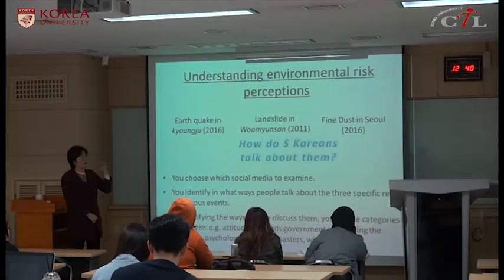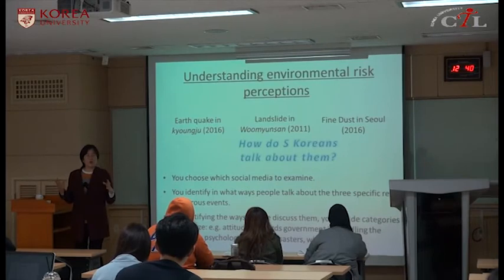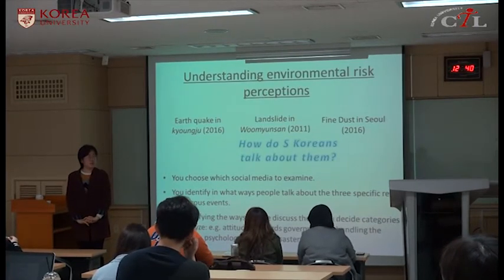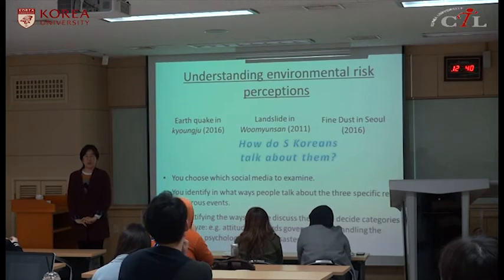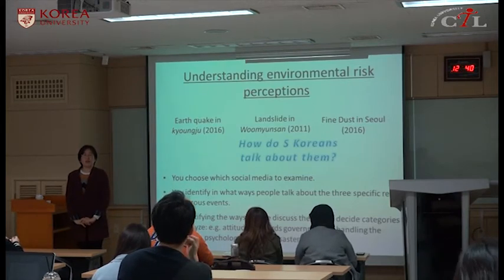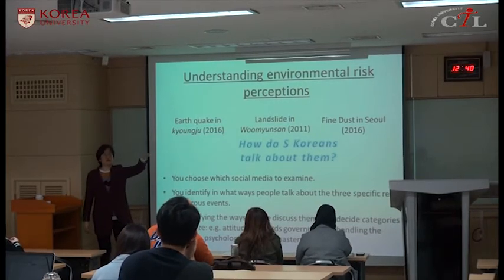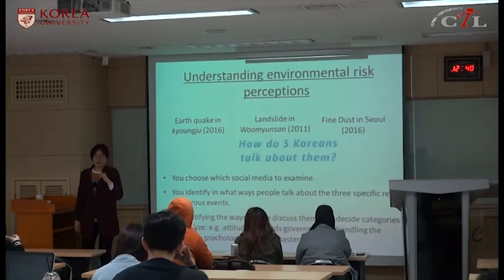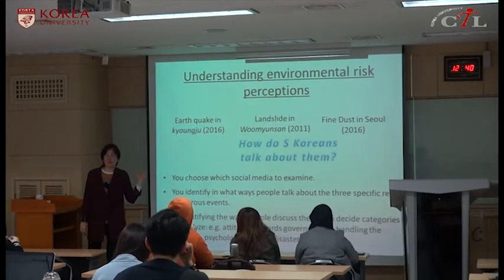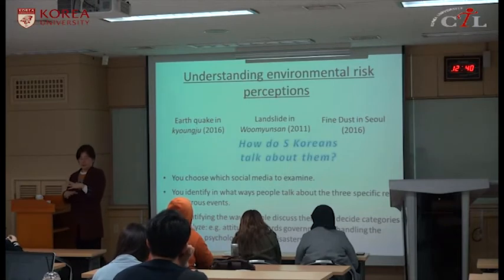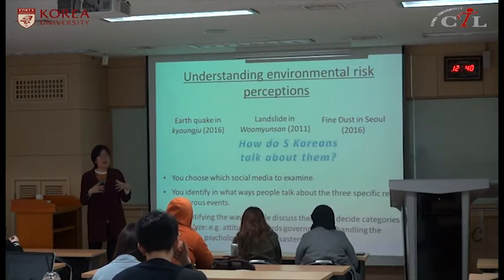These are the major environmental risks that we have experienced in South Korea. What you have to do is look at in what way South Koreans talk about these specific natural disasters, and why they are called disasters, like the earthquake, the landslide or fine dust.